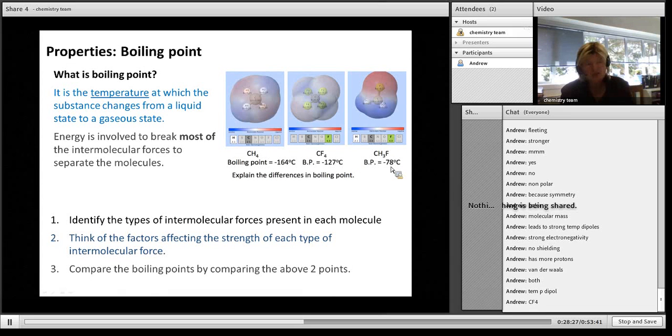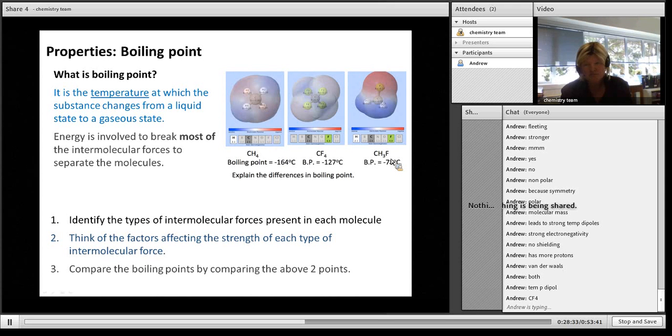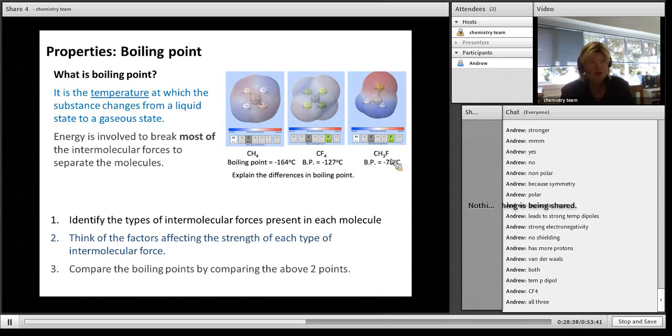But what intermolecular forces have I got for CH3F? Not all 3. I don't have all 3 because the hydrogen here is bonded to the carbon. I'm glad you said that, Andrew. That's why I asked it like that. Because a lot of students think, oh, as long as it's got hydrogen and fluorine or hydrogen and oxygen, it's fine, it's going to have hydrogen bonding.